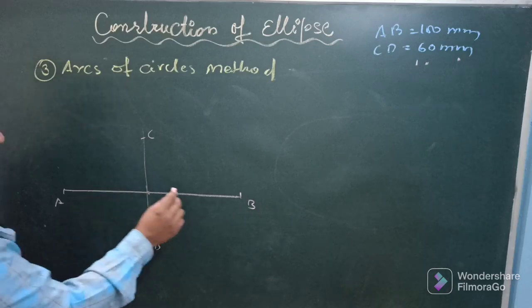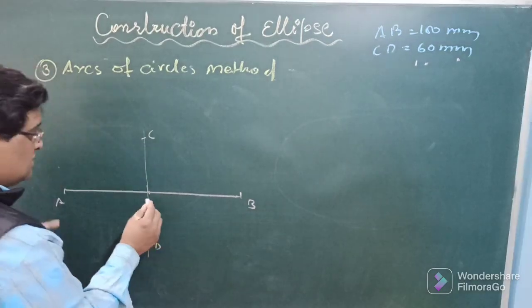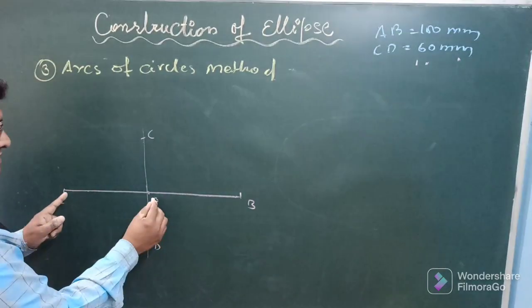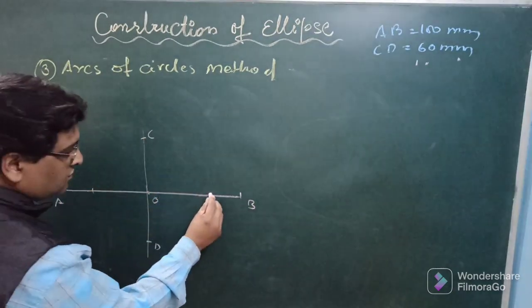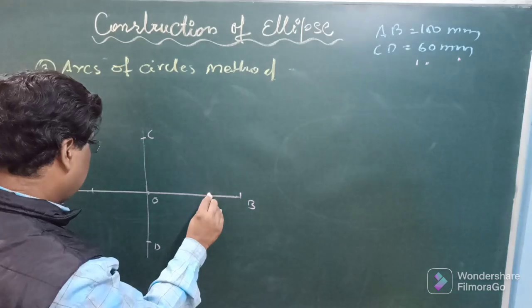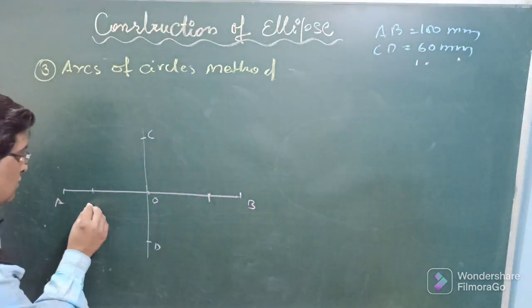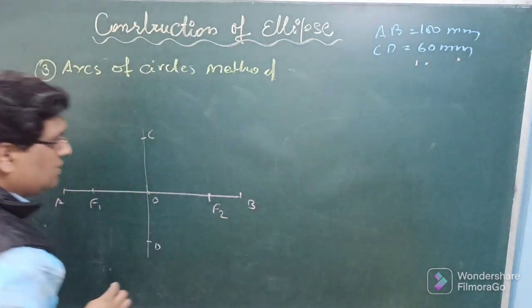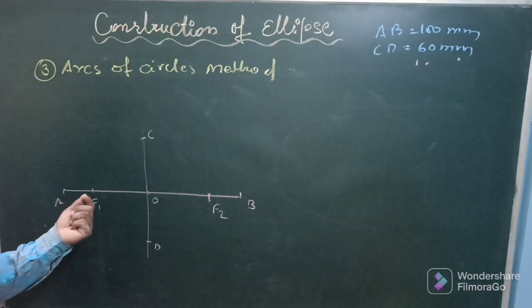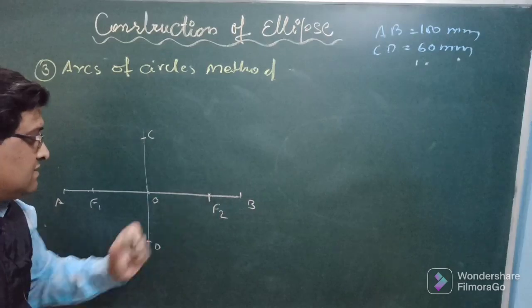Just find out F1 and F2 using this data, taking radius equal to AO, center will be C, cut both the sides so as to get F1 and F2 of this ellipse. So in this particular case we require F1 and F2 and major axis.